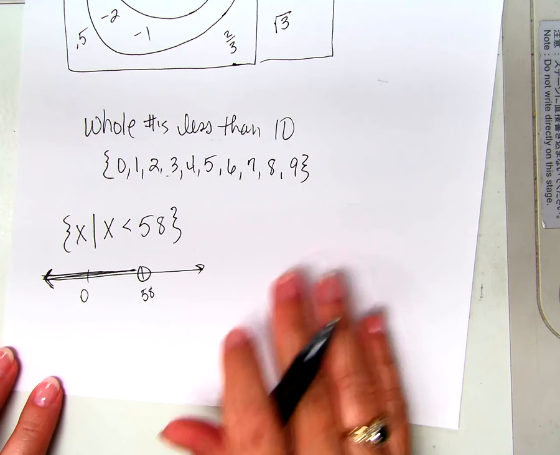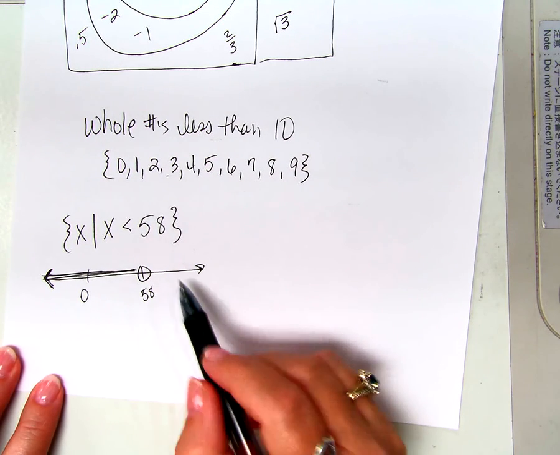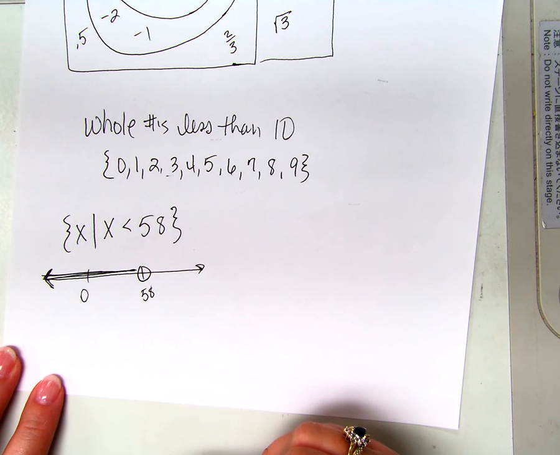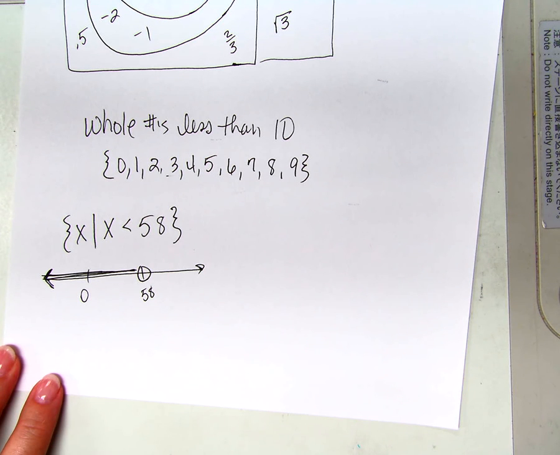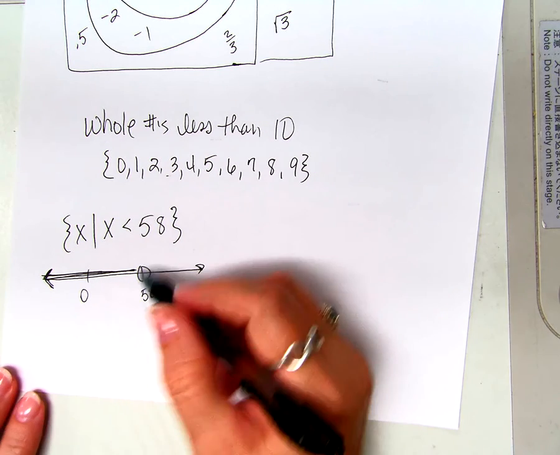Okay? How do we write this in interval notation? So some of you are looking at me like, I think I know the answer, but I don't know that word. Is interval notation something we've talked about before? We have, but we didn't use the vocabulary word. Okay? So this is what it looks like.